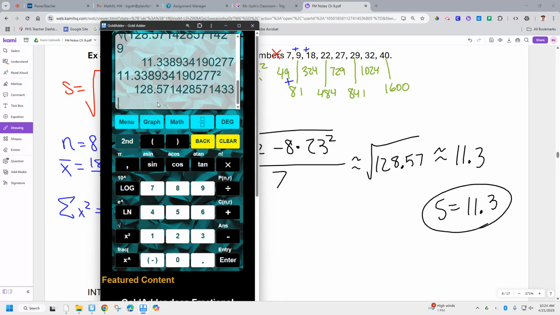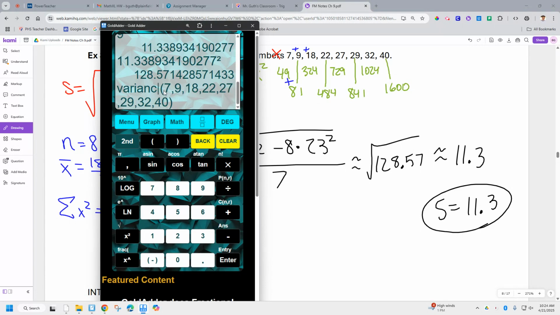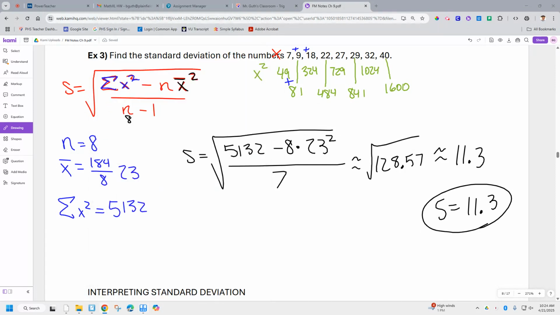That's your variance. I think we can also do mean. Again, most of your calculators will do that stuff for you, like single variable statistics. So I think it helps to know how your calculator works, whichever one you're using.